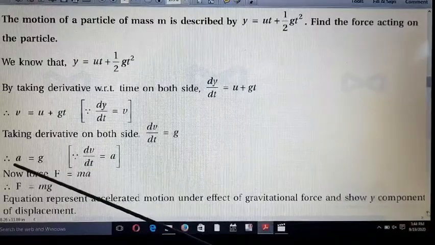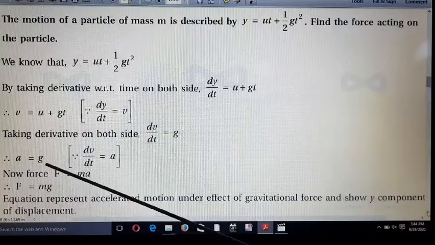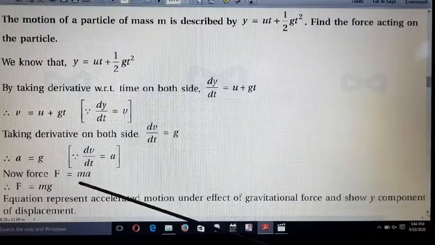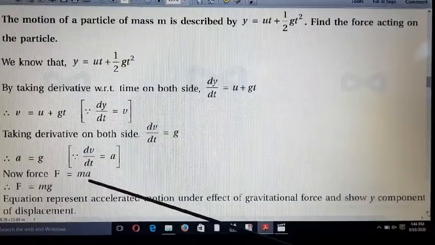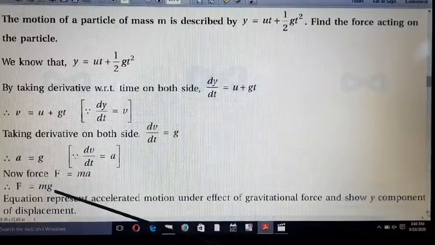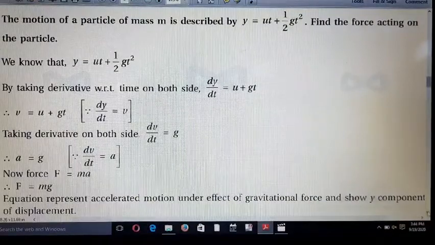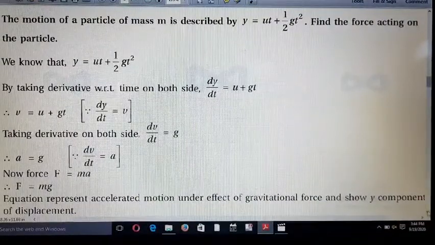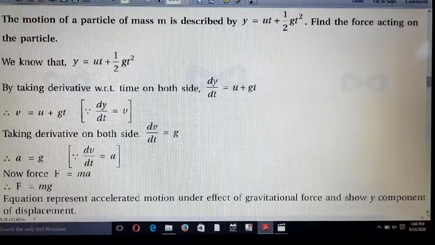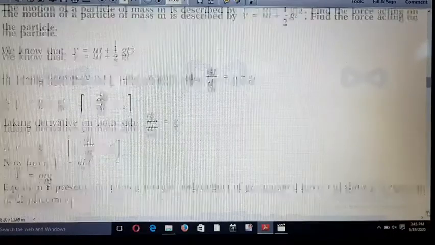So acceleration is equal to gravitational g. But the formula of force is F is equal to ma. Instead of a we write g. So we get F is equal to mg. So the equation represents accelerated motion under the effect of gravitational force and shows the y component of displacement.